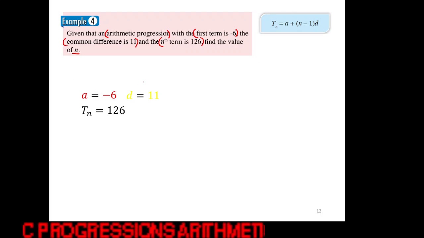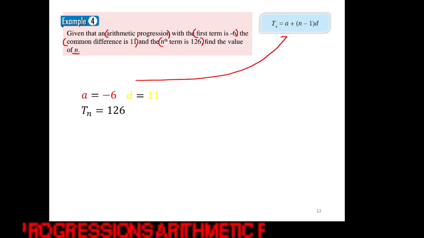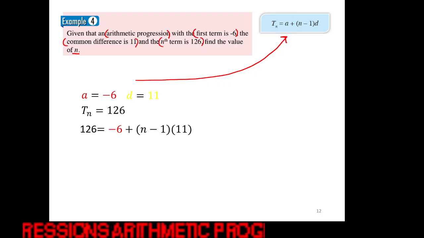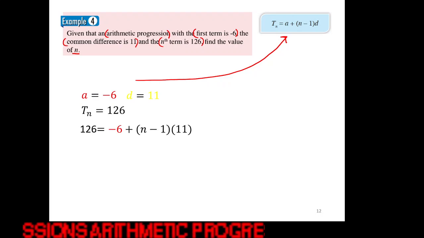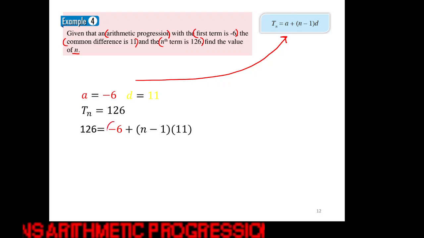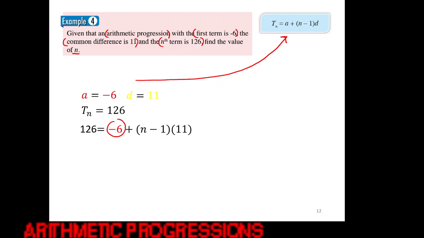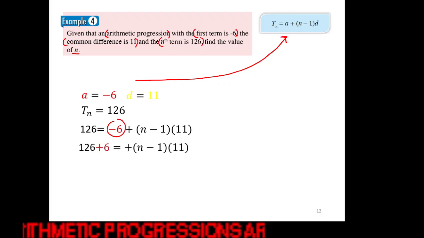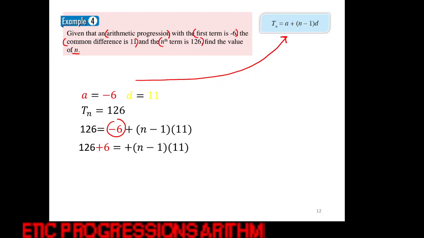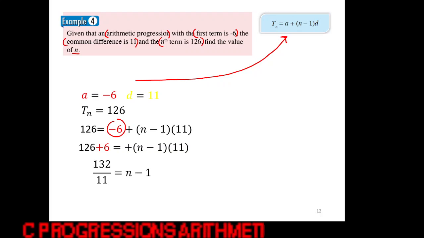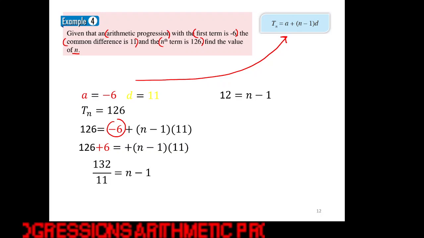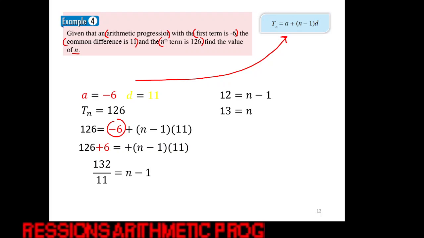By substituting everything into the formula, we will get 126 equals negative 6 plus n minus 1 times 11. In order to find n, we have to perform this calculation first, whereby we have 126 plus 6, and then the value will be divided by 11. So 12 is equal to n minus 1, and thus n is equal to 13.